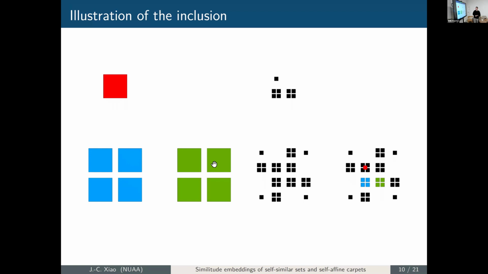And it maps the green part here. The tricky one is to map the red part here in the middle of these 4. After some iterations, it is not too hard to see that the fixed point of this red map is not an interior point of the embedded image.